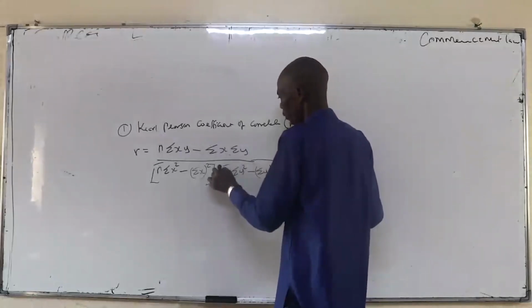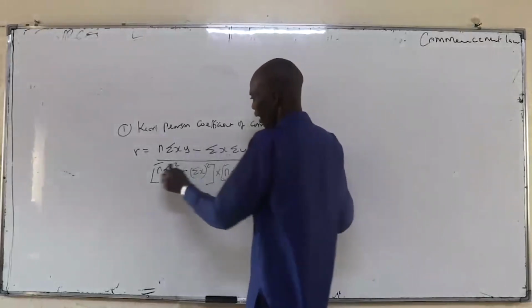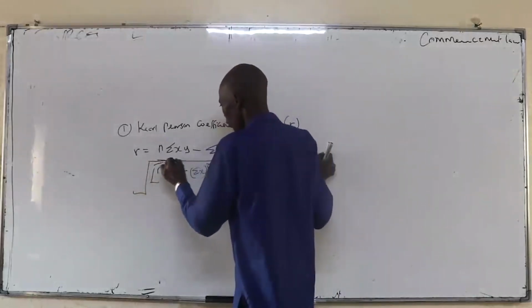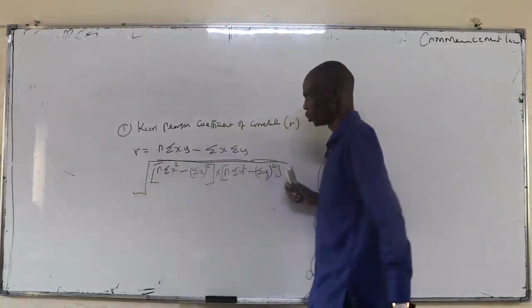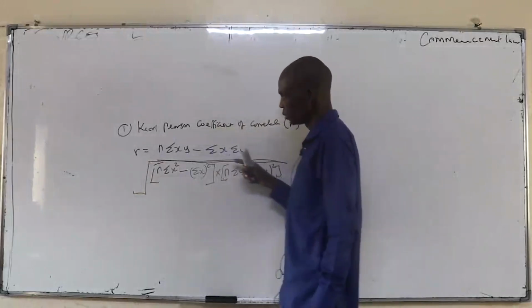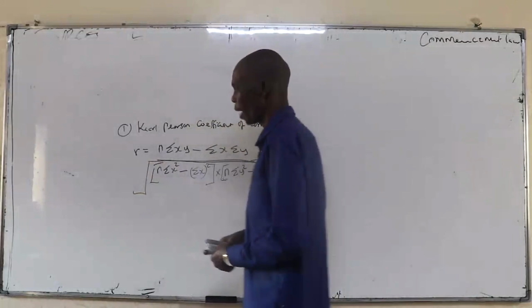You work out this bracket and you work out this bracket, you multiply those, and you get the square root of the values down there.